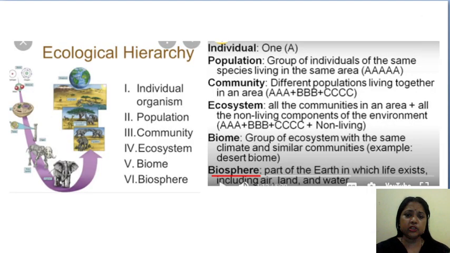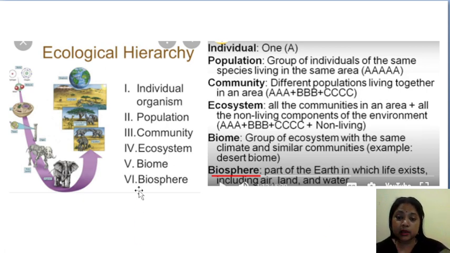Then after population you have community. So community means different populations living together in an area. Then ecosystem: all the communities in an area plus all the non-living components of the environment. So ecosystem means a community interacting with their abiotic components.